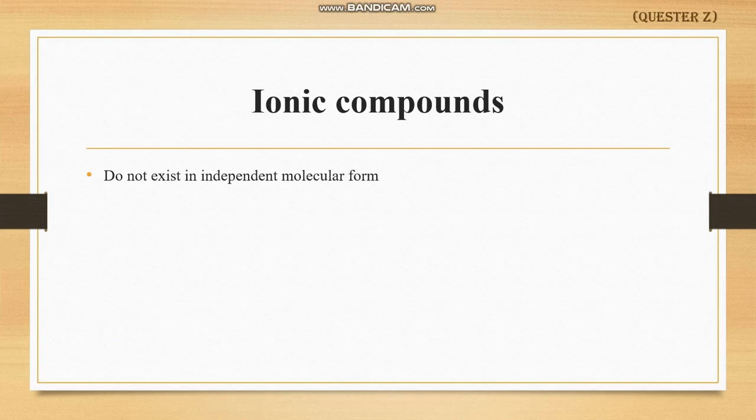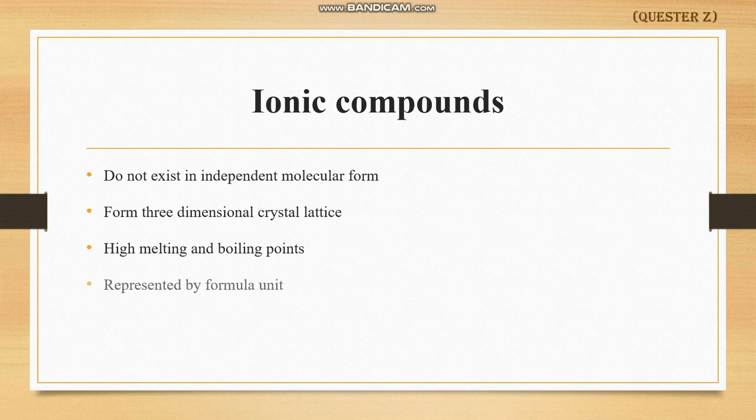They are dependent upon the other molecules, form a three-dimensional crystal lattice or three-dimensional structure, you can say, and have high melting and boiling point. They are represented by formula unit.